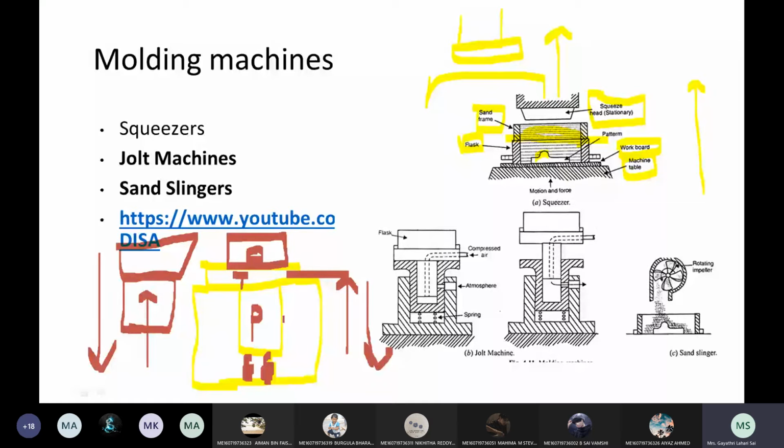You will use a piston, and that piston will be moving the whole table up, and when it is coming down the sand will be settled. Again it will move up, and when it is coming down the sand will settle layer by layer and be uniformly distributed. So this you call a jolting machine, right? Is it clear?